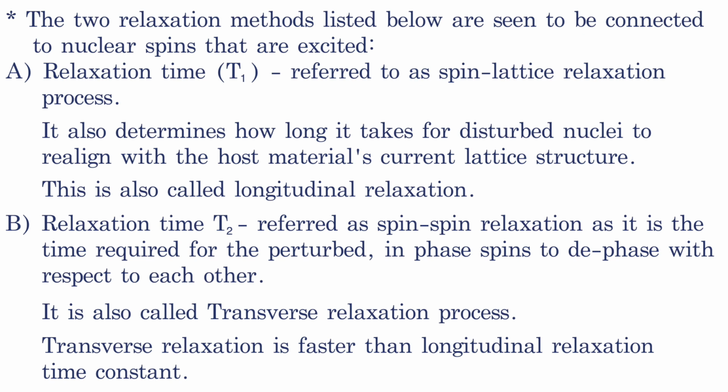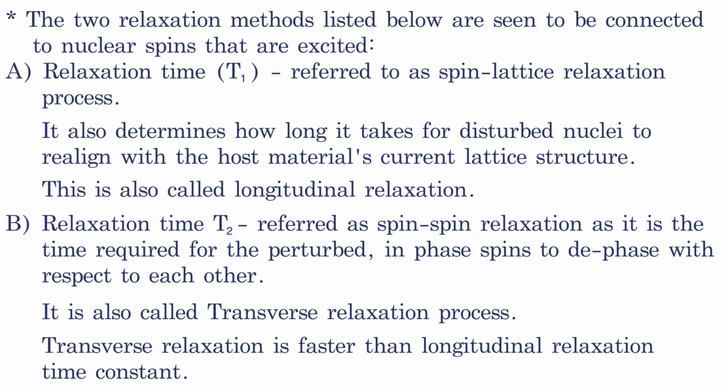This is also called longitudinal relaxation. Now the second, relaxation time T2, is referred to as spin-spin relaxation. It is the time required for the perturbed in-phase spins to dephase with respect to each other. It is also called the transverse relaxation process.